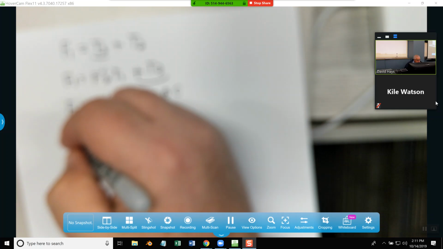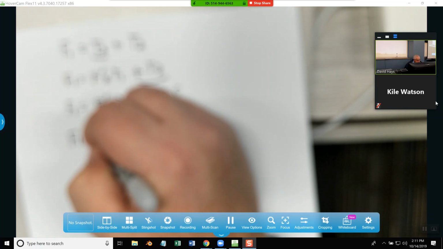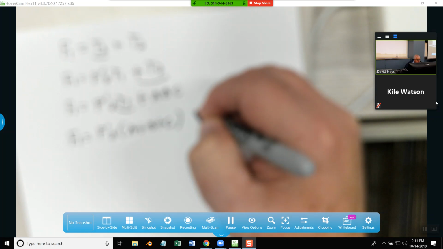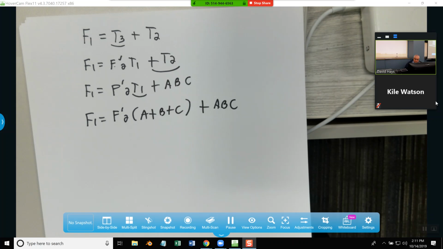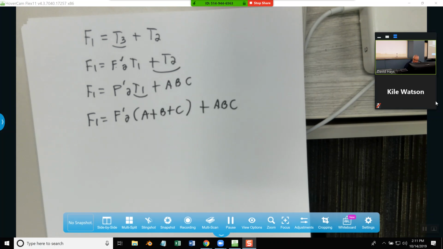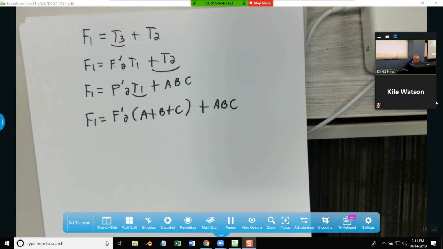And then this F prime sub 2. Well, F sub 2 is going to be A and B, or A and C, or B and C. And everything else carries down.